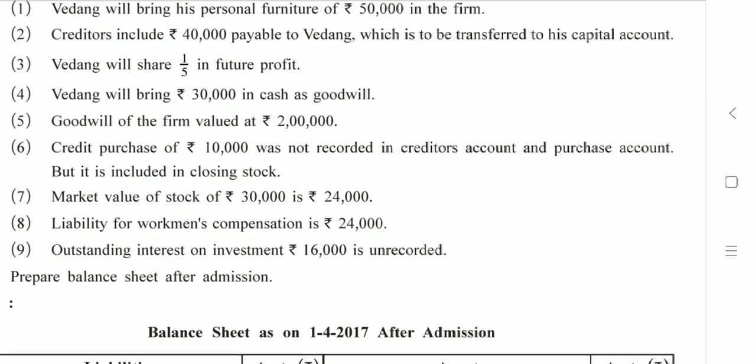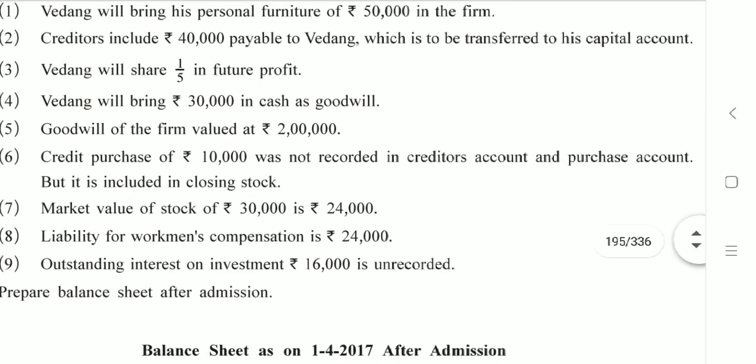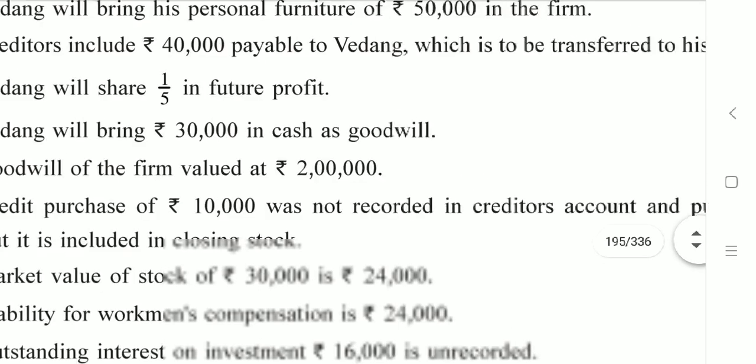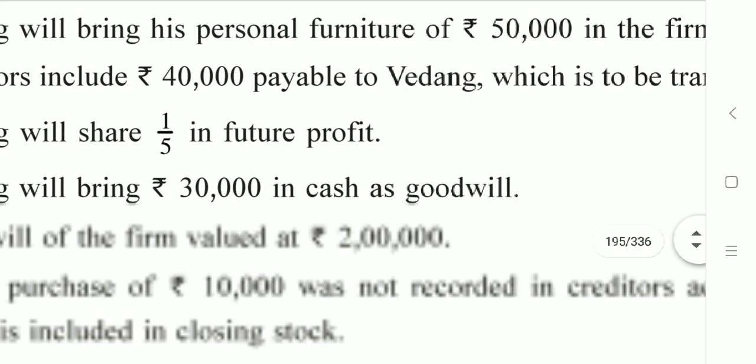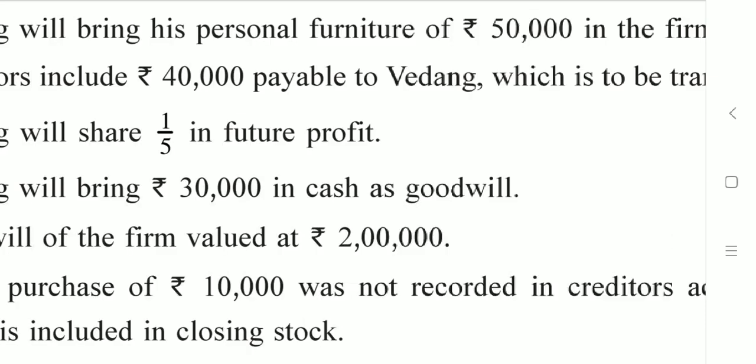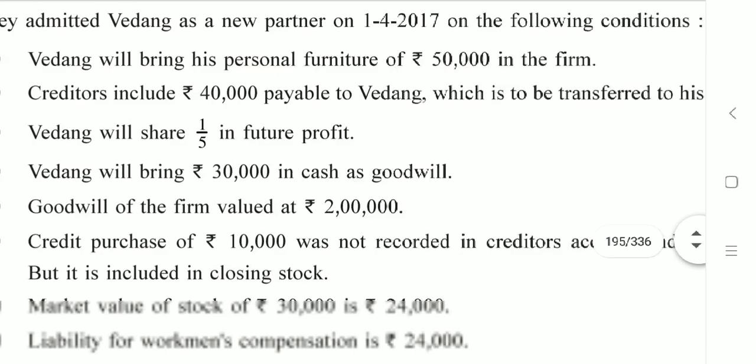Okay. So as I said, the new partner brings the amount of capital and the amount of goodwill. But the point here is how much goodwill they have to bring. It is decided on the basis of the new value of goodwill and the share of profit to be given to the partner. You can write it down as a part of working notes.